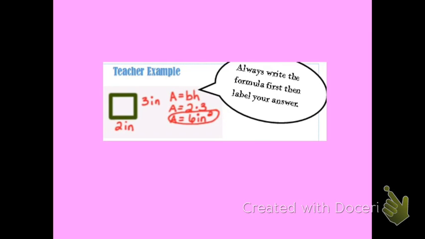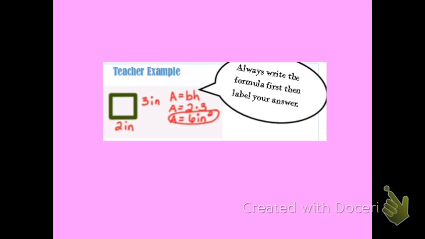All right, so look in your notes there. I have this little example that I've already worked out for you. So let's say you have, this is almost a square, but it's really a rectangle. And it has one side that's 3 inches, one side that's 2 inches. These are the steps I want you to follow. You're going to write the formula. Area equals base times height. Why are we writing the formula over and over again? What was our reason? To get it in your brain.